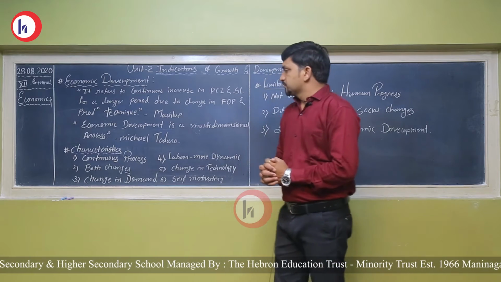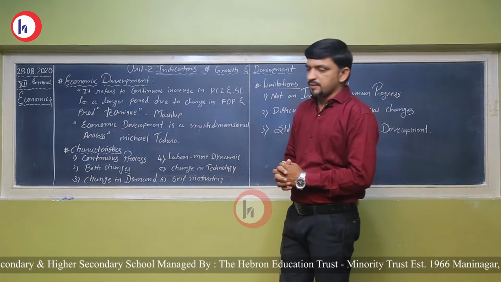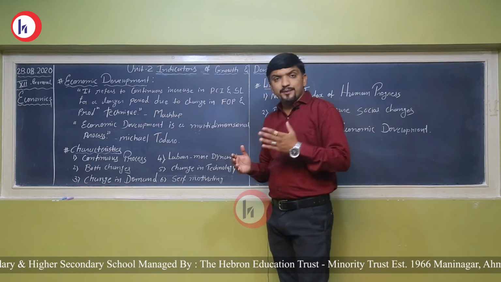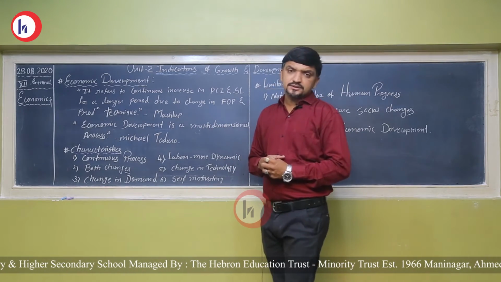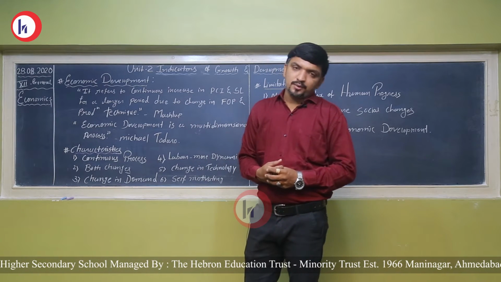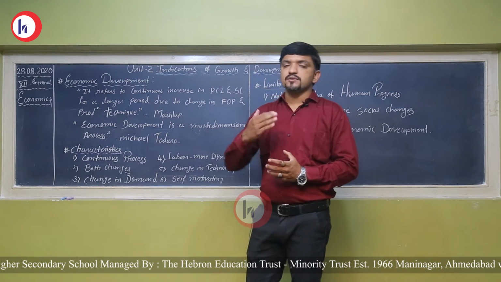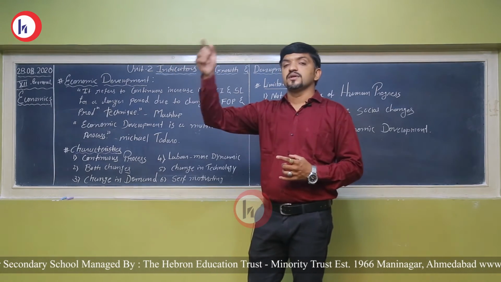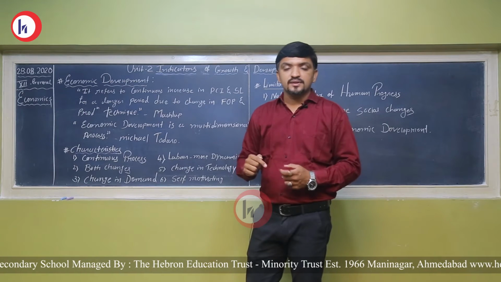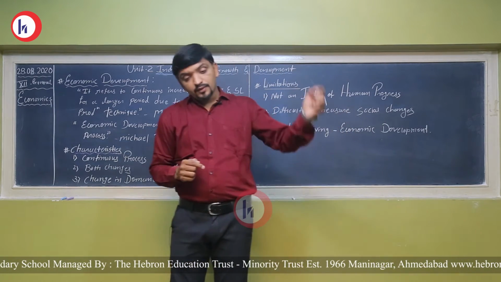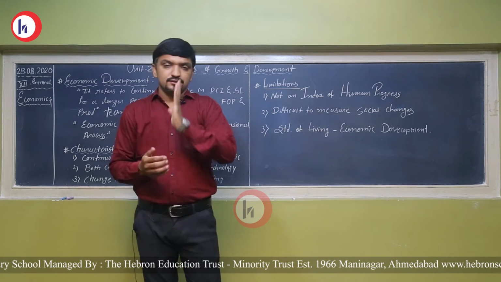So once again, both the definitions I am going to repeat. According to Todaro, economic development is a multidimensional process, and according to MacLup, economic development refers to continuous increase in the per capita income and the standard of living for a longer period due to change in factors of production and production technique.